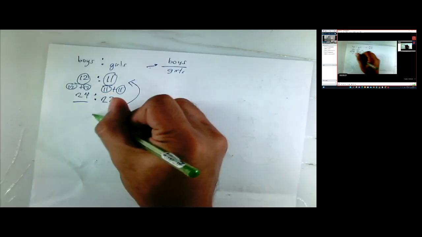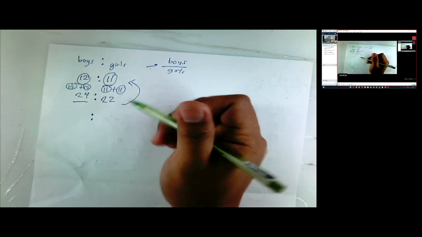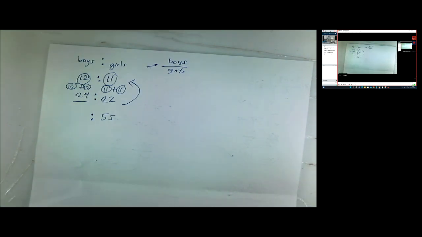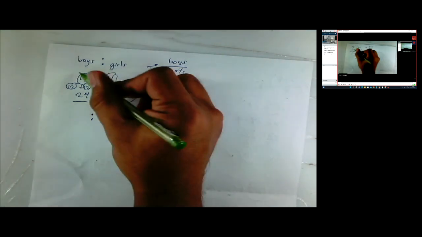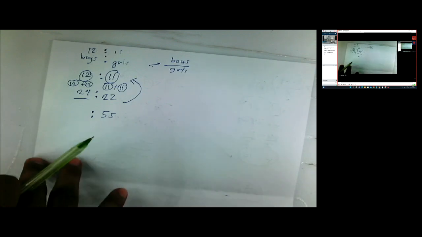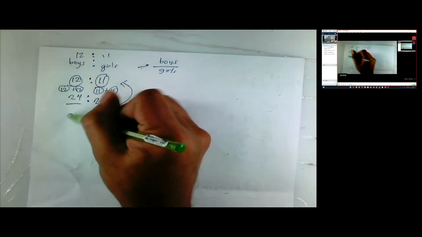Let's have another example. If I have here 55 girls, how many boys do we have? Since again, the ratio is 12 to 11. If there are 55 girls, then how many boys do we have? 60. Very good.